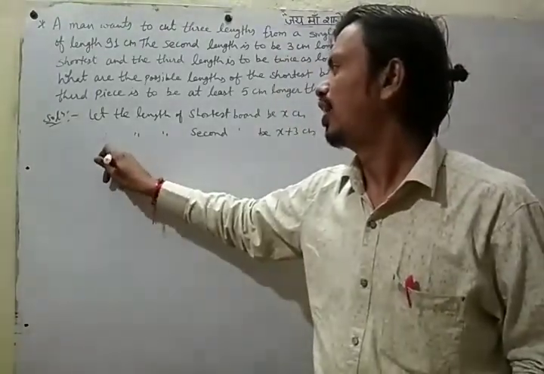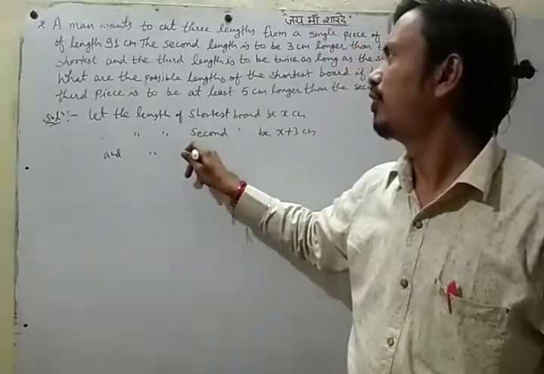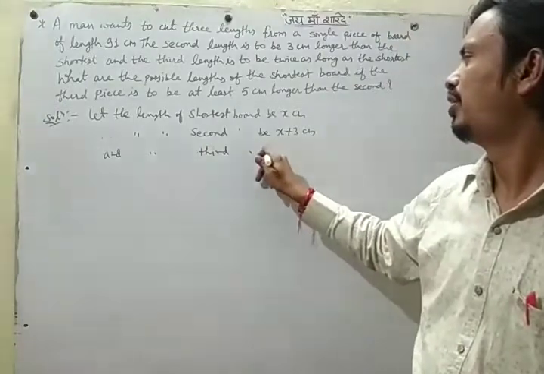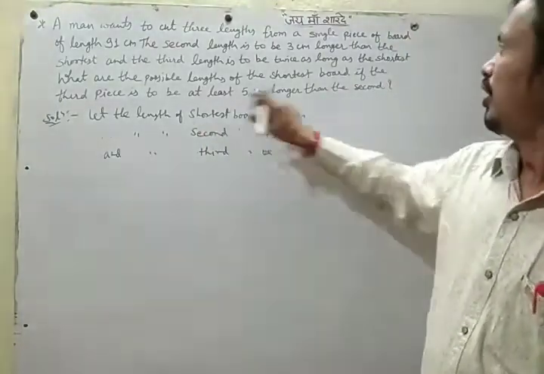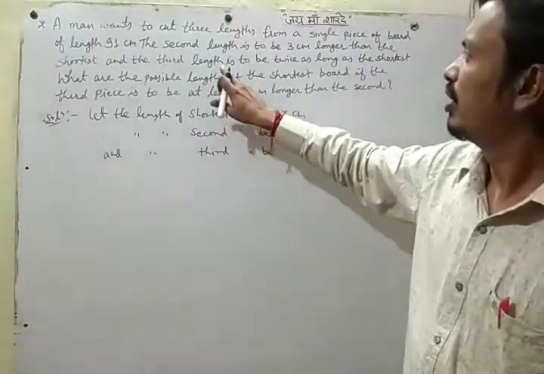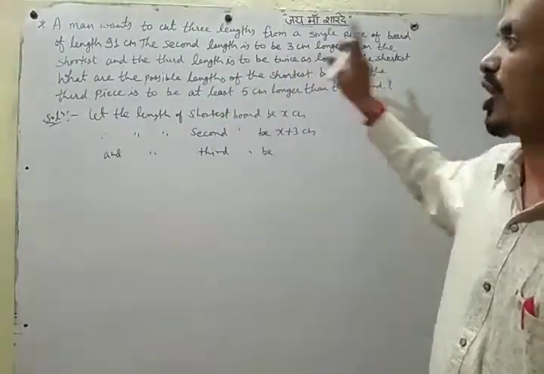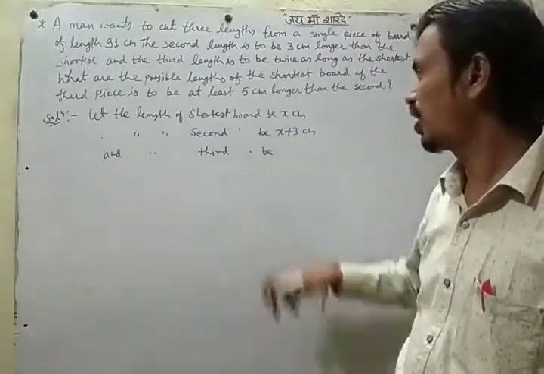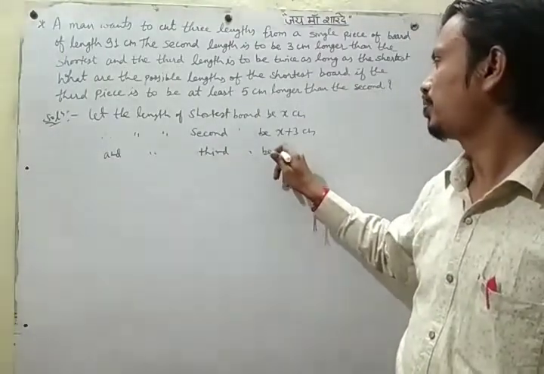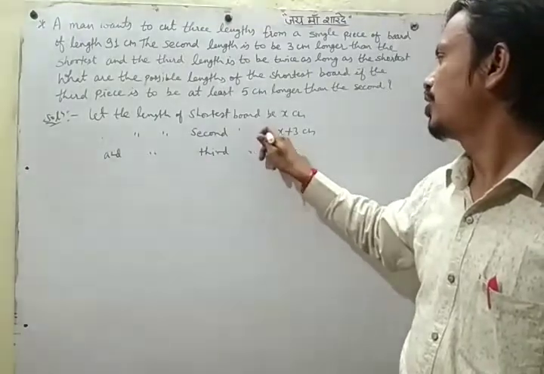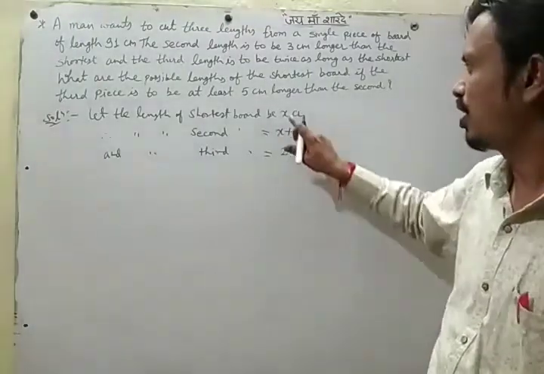And the length of the third board will be, what is given? The third length is to be twice as long as the shortest. The third one is twice the shortest. So the third will be twice x, 2x.